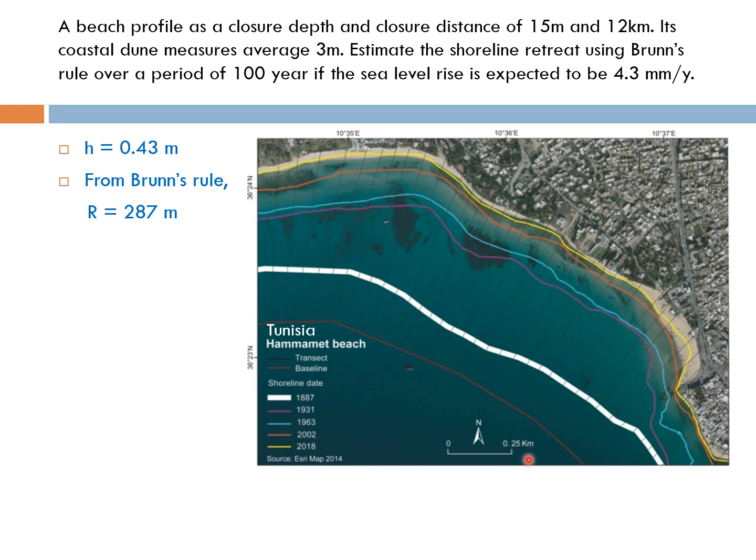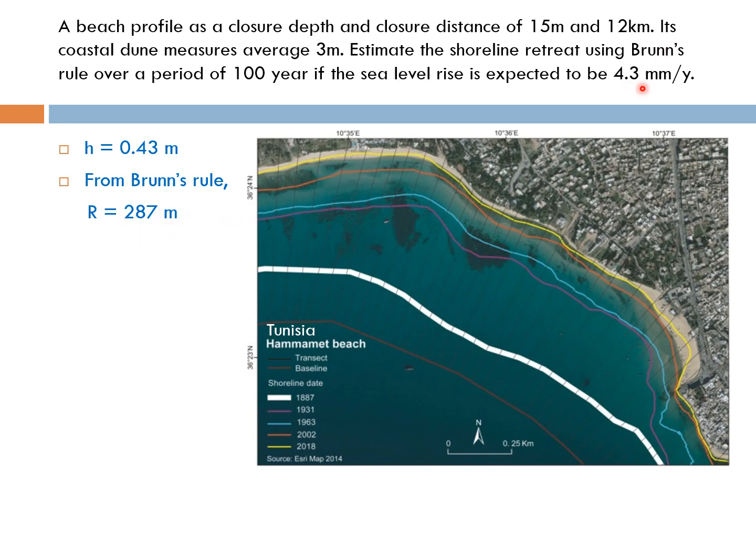So if we look at the scale, the beach here has retreated by up to about a quarter kilometer, that is 250 meter or slightly more, which is about this value.